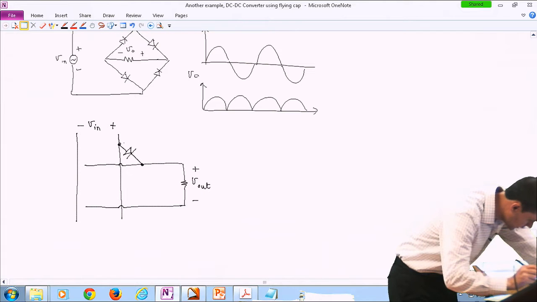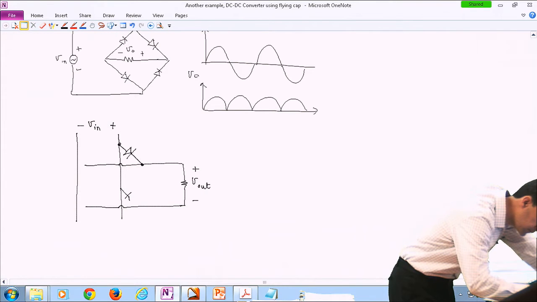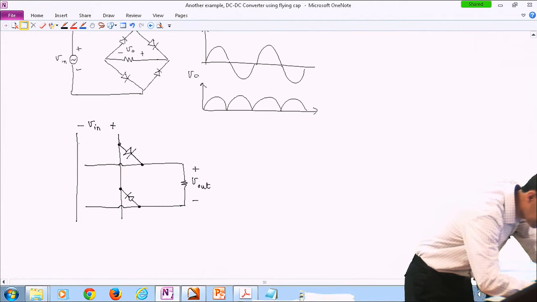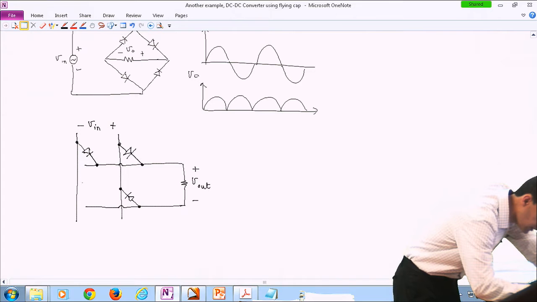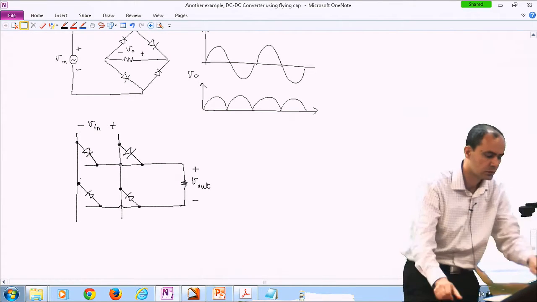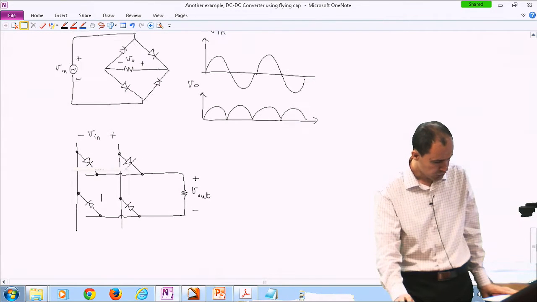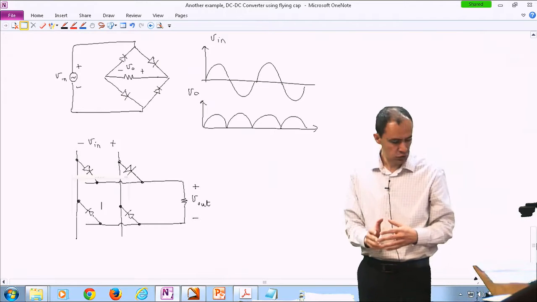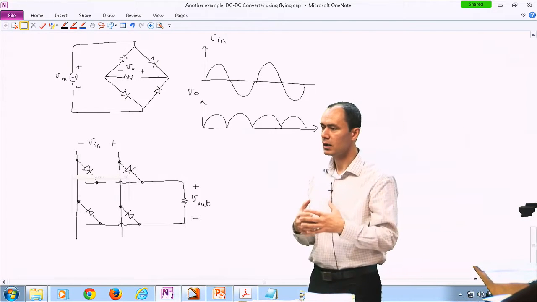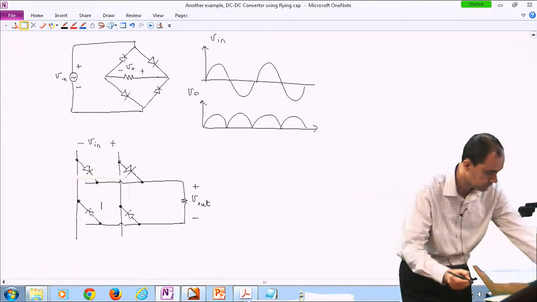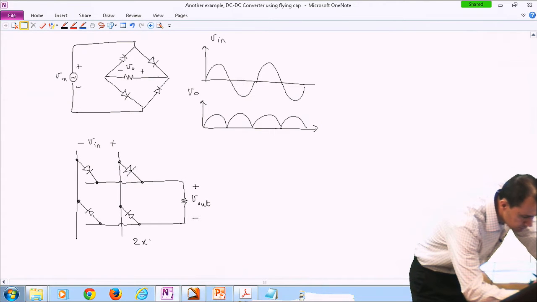One is here. The other one is here. The other one is here. And finally, this one is here. So these two topologies are basically the same. I've just drawn them differently so that I would form my very basic 2x2 matrix converter. So this is a 2x2 matrix converter.